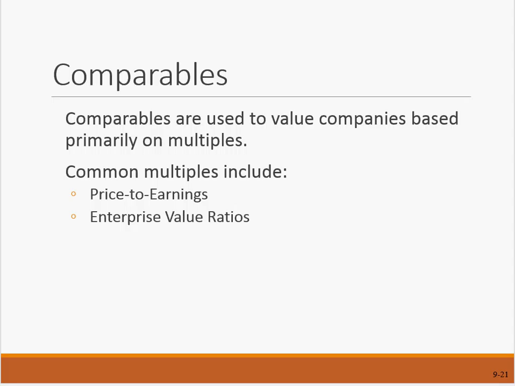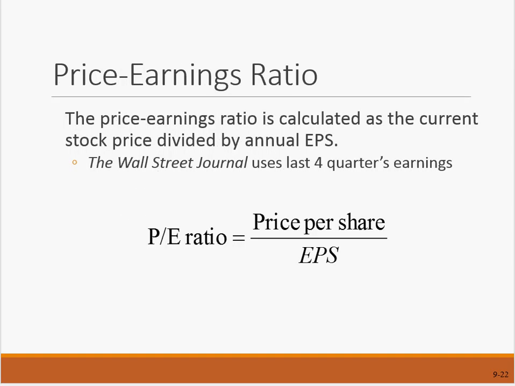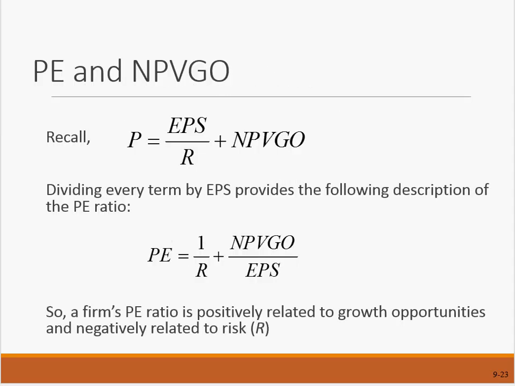In the Wall Street Journal, when they calculate price to earnings, they use the last 4 quarters earnings. Then you get a ratio of the price compared to the earnings, and use that as a comparable. So if we think about using our old formula from just a couple slides ago, where the price was composed of an earnings perpetuity plus growth opportunities, if we divide both sides by earnings per share, then I have price over earnings per share.